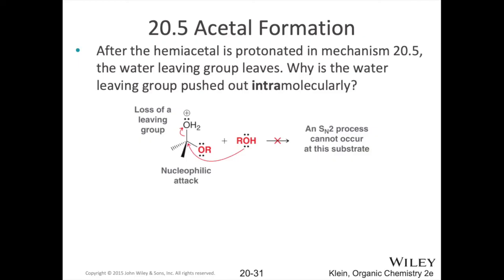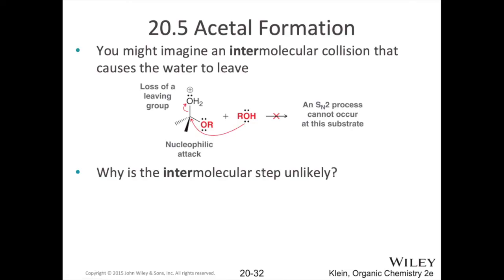We have to reform that carbonyl, because a simple substitution reaction doesn't come in. Keep in mind, this would be an SN2 mechanism, and this is a weak nucleophile. Remember, you need a strong nucleophile for an SN2 mechanism to occur. So this actually does not happen. An intermolecular reaction like that is unlikely.